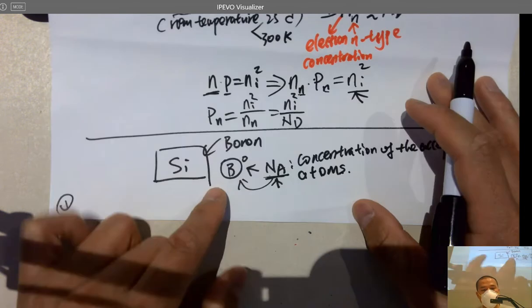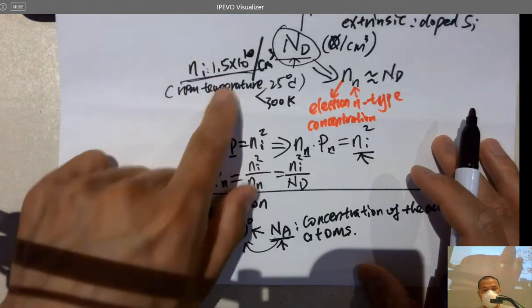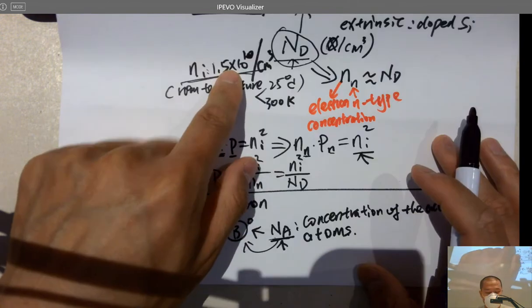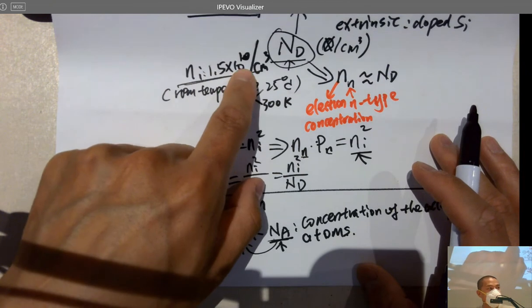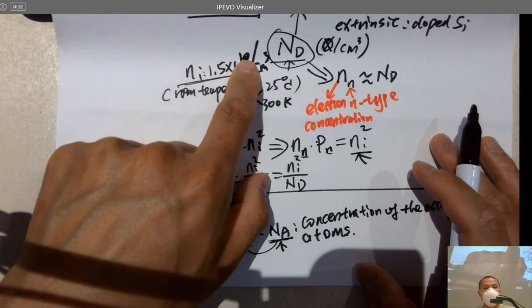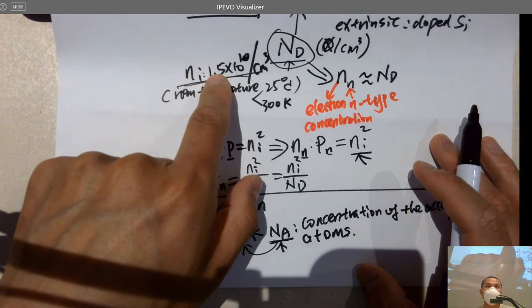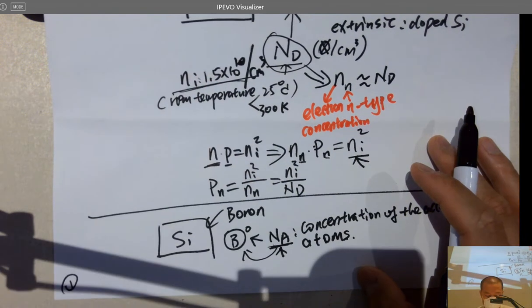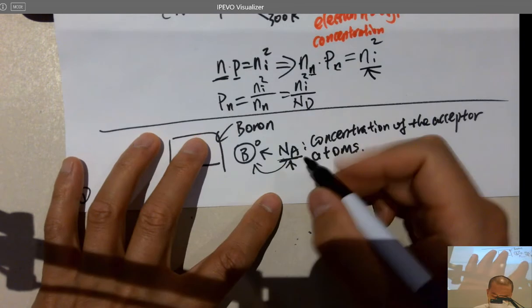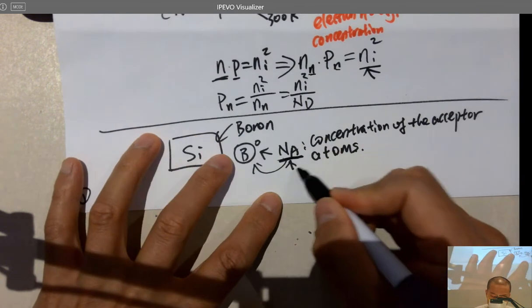However, usually this number is way larger than that. Think about that. If I have this number equal to 1.5 times 10 to the 17, you can just ignore this one, right? It's too small, ignorable.